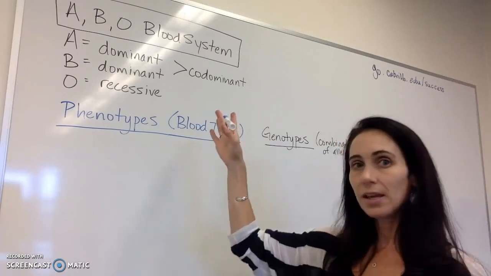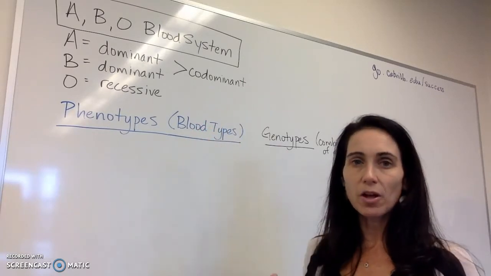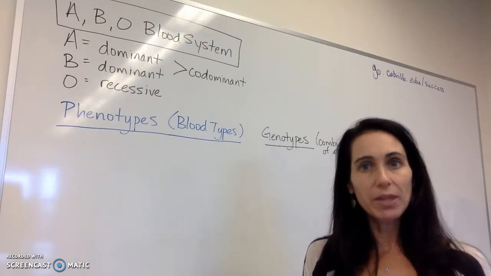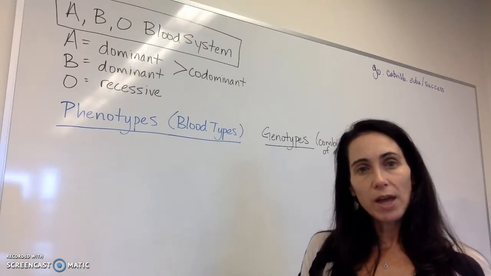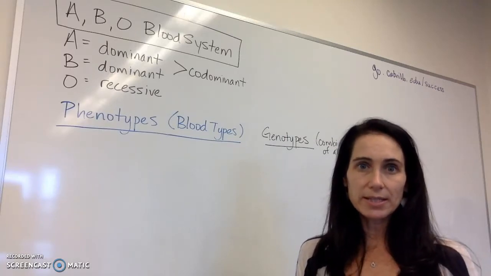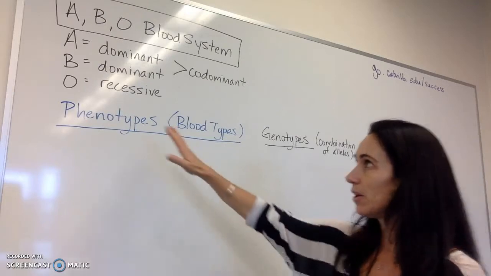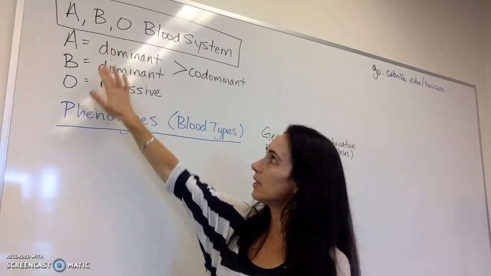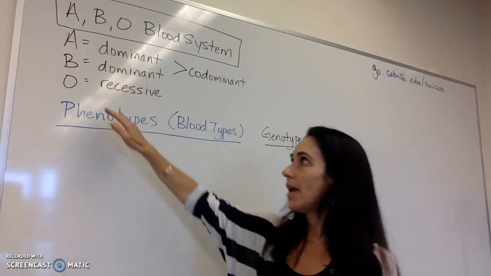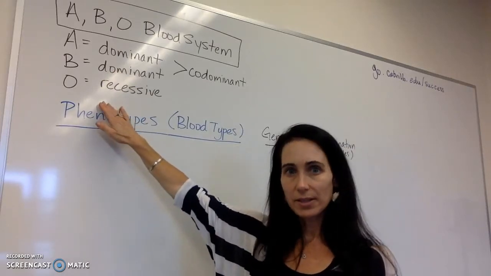And as you can see, there are 3 alleles involved in this human characteristic, which determines the type of blood that you have. So we've got A, B, and O in this 3 allele blood system. And within this, we know that A is a dominant allele, B is a dominant allele, and O is the recessive allele.